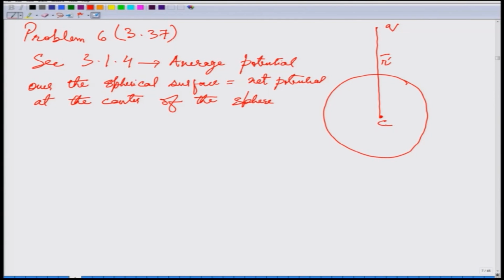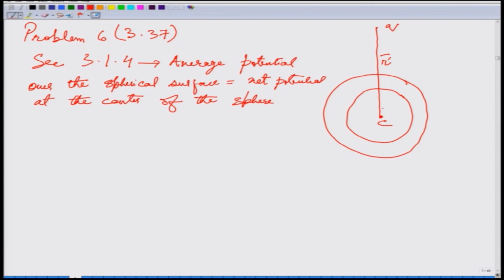Now that means if you take a sphere of any radius, the average potential due to the charge Q will always be the same.